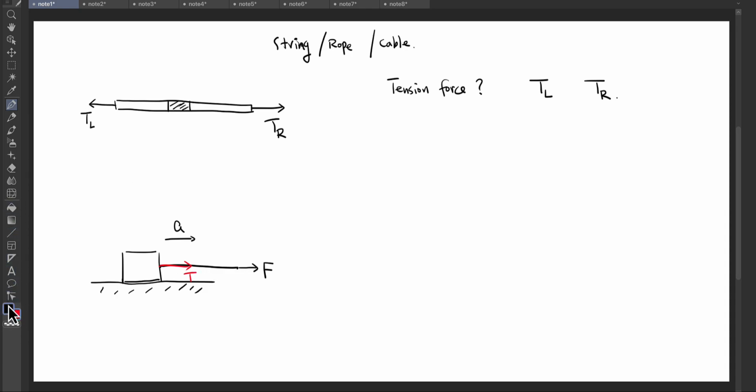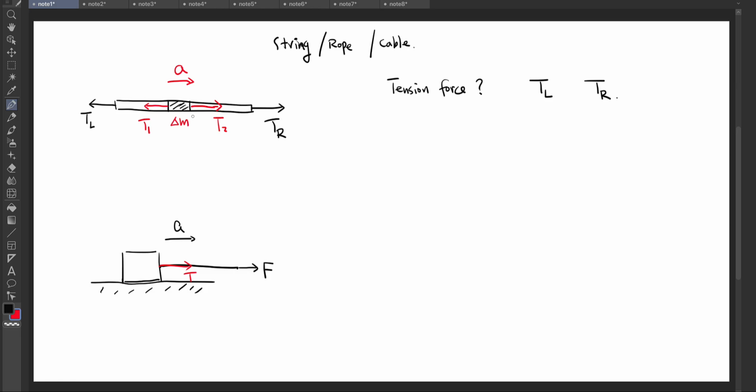To talk about that, let's say this string here has acceleration A, just like in this case here, and we're looking at a small mass delta M of the string. If I draw the free body diagram for this small section delta M of the string, let me call the right side T2 and the left side T1.